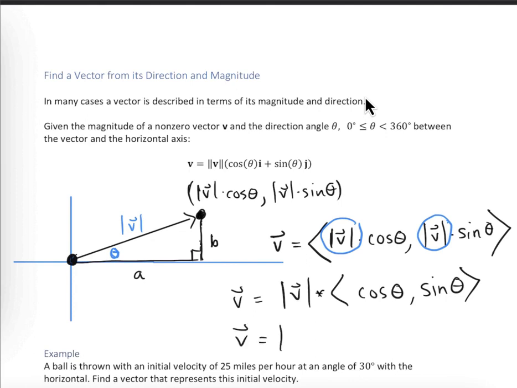So the vector can be expressed in component form as mag v times the vector cosine theta, which is the scalar multiple of my i vector, plus sine theta, which would be the scalar multiple of my j vector.